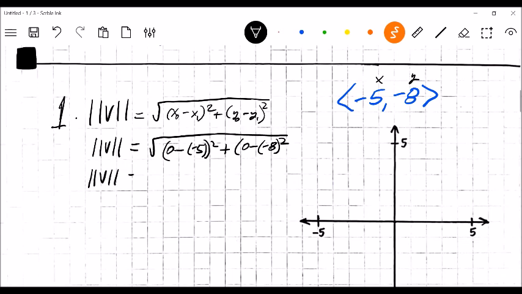In this case, it's pretty nice that the negatives cancel out. So we get 5 squared plus 8 squared, which gives us 25 plus 64, which gives us the square root of 89.